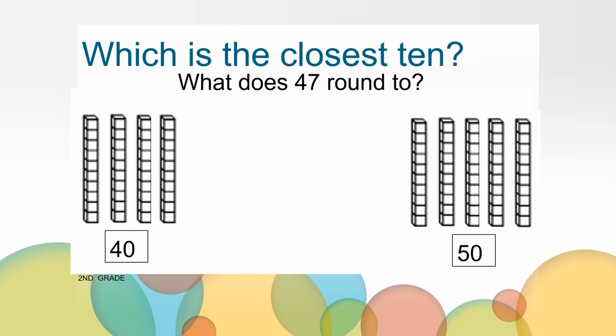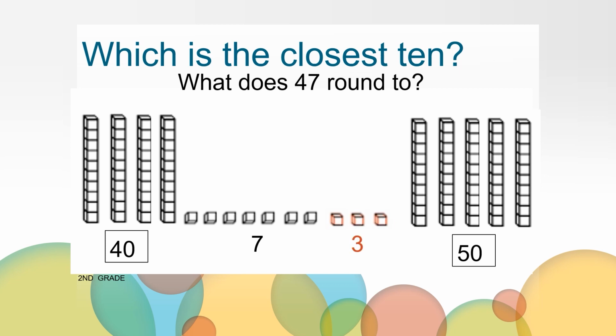Now we need to add the ones. There are 7 ones in 47. How many more ones do we need to get to 50? Well, there's 48, 49, and 50.